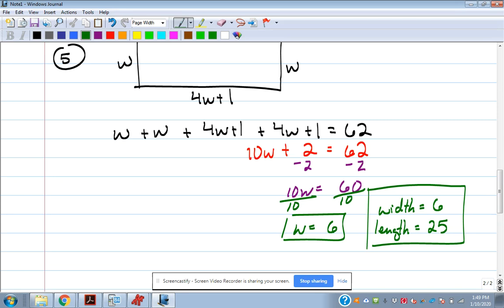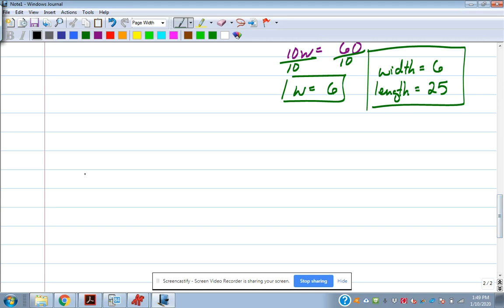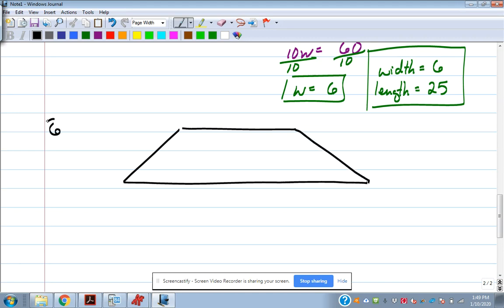Number 6, I'm going to give you the formula, because not a lot of us remember our formulas for trapezoids. The length of one base of a trapezoid is 19 less than 5 times the length of the other base. If the trapezoid has a height of 18 feet and an area of that. So trapezoid, y'all remember what a trapezoid looks like? That's a trapezoid shape.